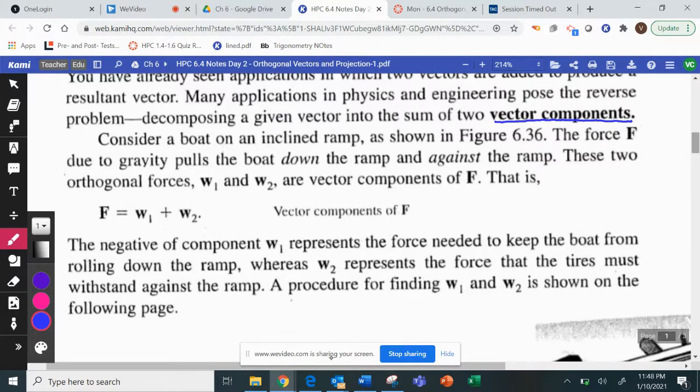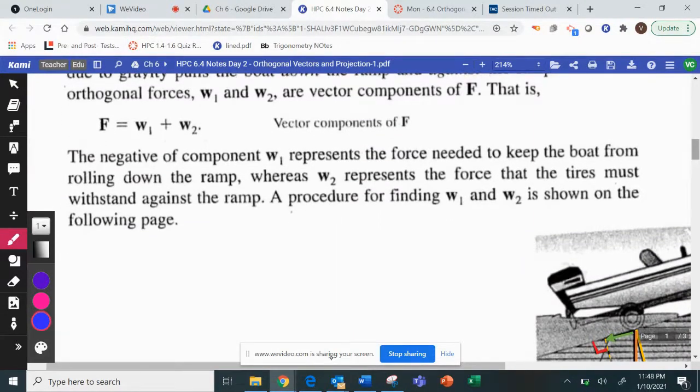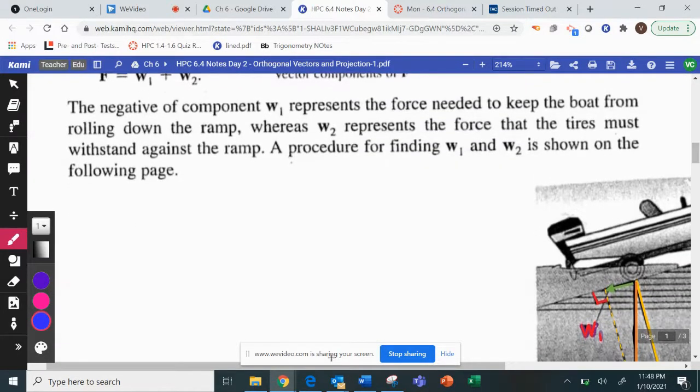The negative component, W sub 1, represents the force needed to keep the boat from rolling down the ramp, whereas W sub 2 represents the force that the tires must withstand against the ramp. The procedure for finding W1, W2 is shown on the following page.